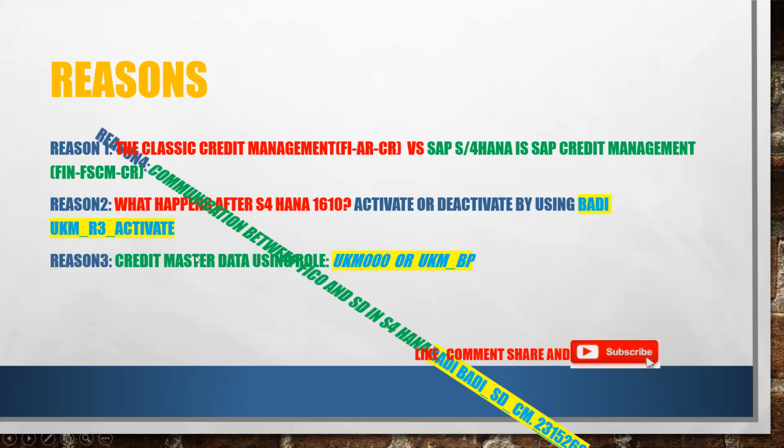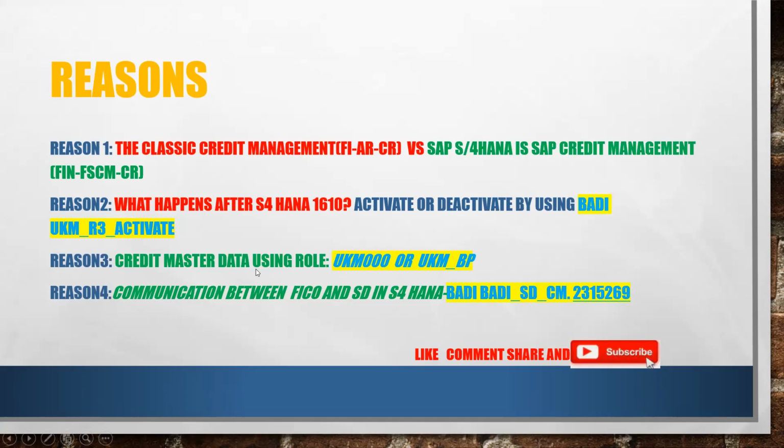Next, reason 3: credit master data using a role. It is completely role based, whereas in the traditional ECC system you create customers with XD01, XD02, XD03 for complete customer data, or vendors with XK01, XK02 at central level.